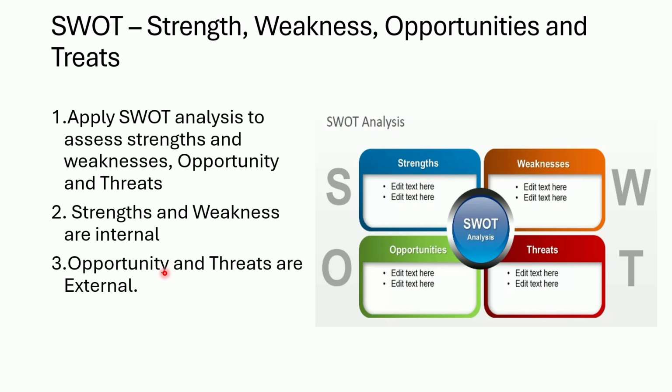If it is organization level you want to do SWOT analysis, it could be the strength of the organization and weakness of the organization, internal to the organization. Whereas the opportunity and the threats are external. Whether it is a personal case or an organizational case, it is external factors that are affecting the process.